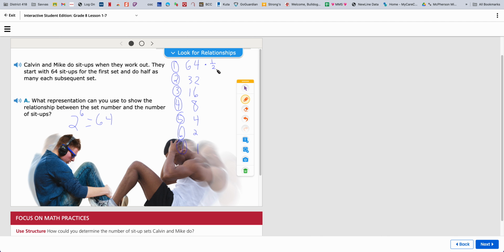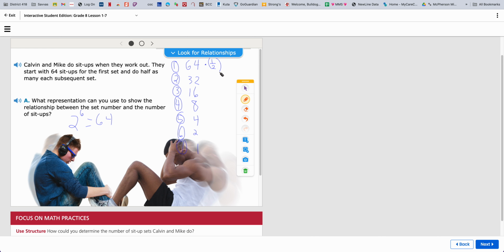So we can think of it that way. So we could give our half here an exponent, and we could end up chopping 64 in half a bunch of times till we got down to 1, right? So there's ways to use exponents in all sorts of scenarios. Okay, we can make numbers bigger with exponents, we can make numbers smaller with exponents, right?